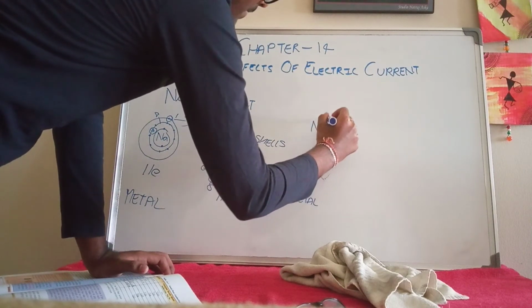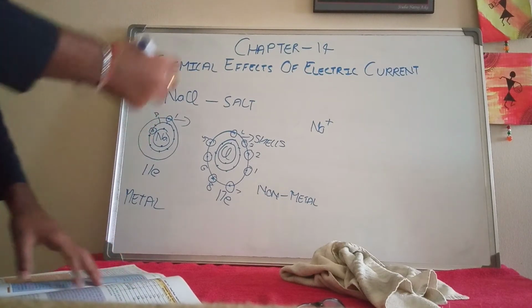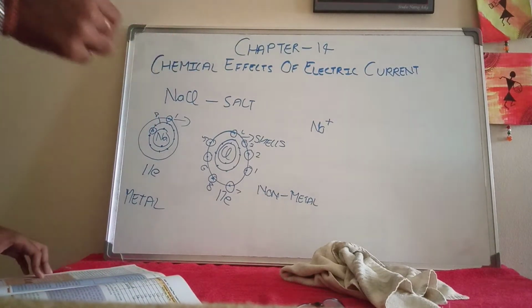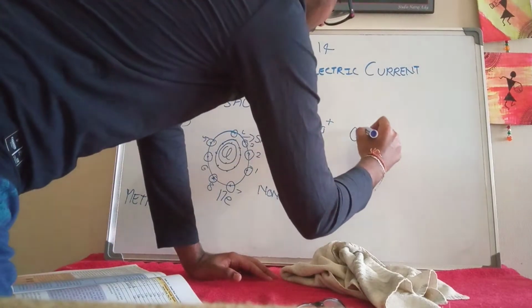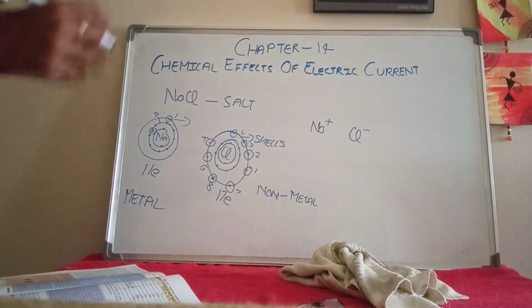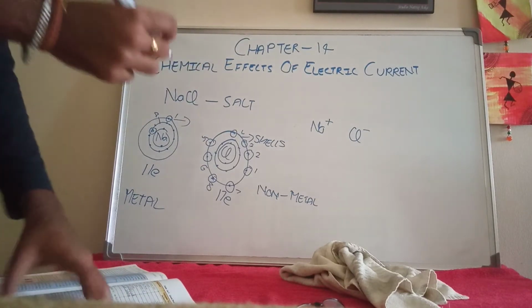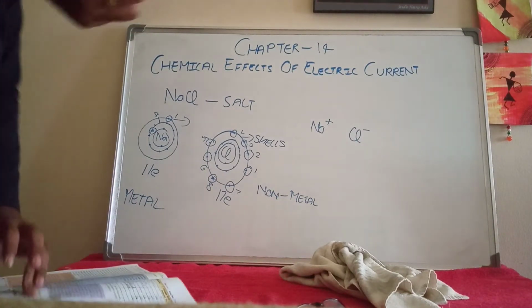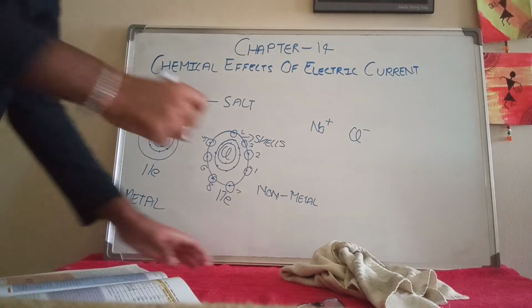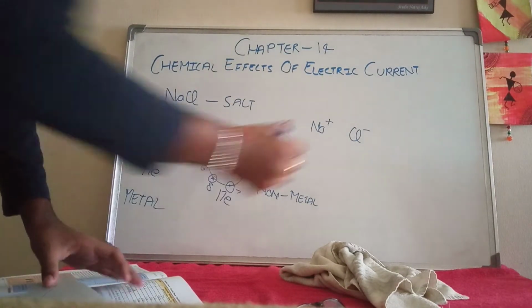Na becomes positive because it loses 1 electron. As we know, if an object loses an electron, it becomes positive, and chlorine becomes negative because it has an extra electron. Electrons have negative charge, so if Na loses an electron it is positive, and Cl gets an extra electron so it becomes negative.